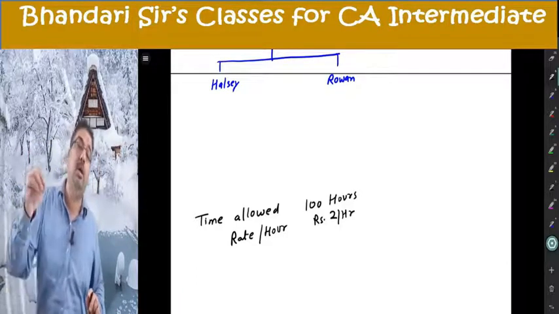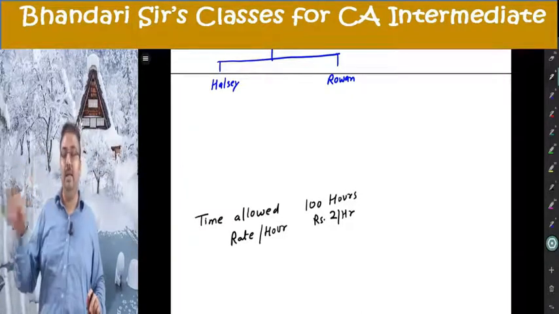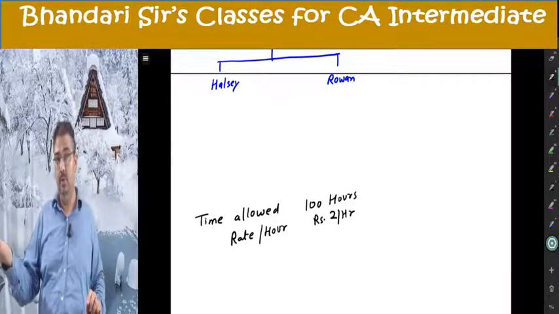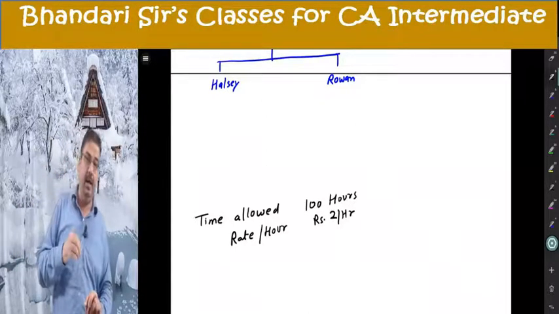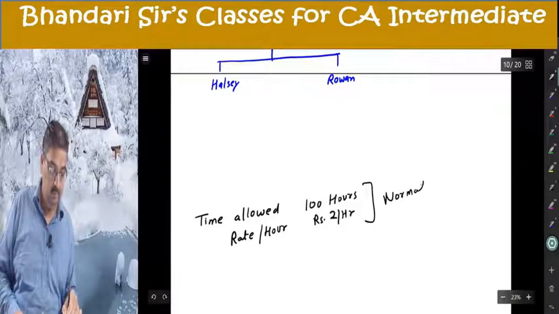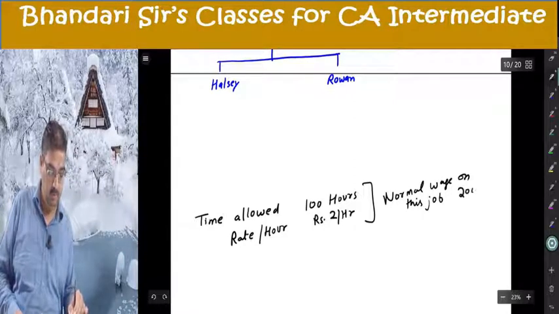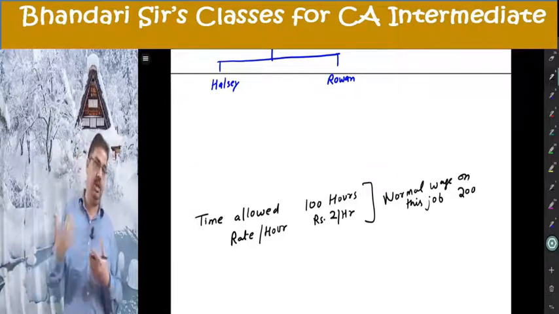For this particular job, the management is ready to pay 200 rupees. 100 hours are allowed, 2 rupees per hour. So, normal wage on this job 200. A person works here 150 hours for same job.